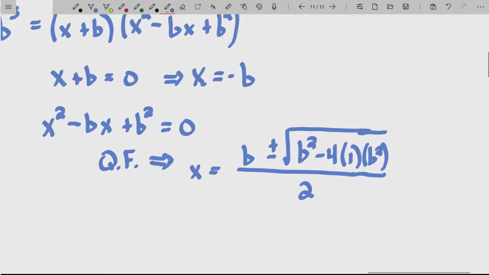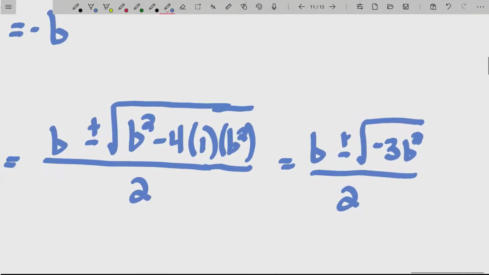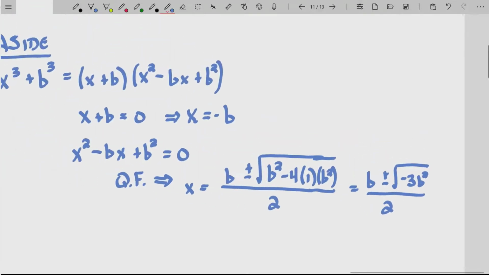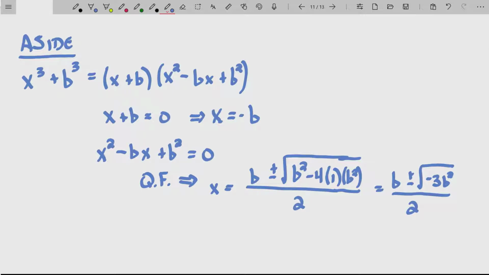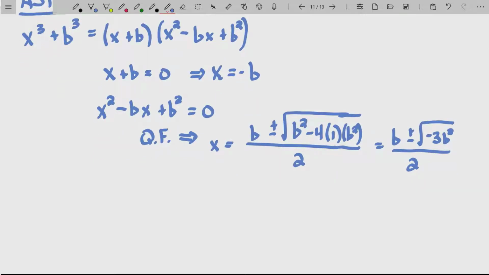And if you take a look at this, that would be b plus or minus the square root of negative 3b squared, over 2. That negative 3 is going to lead to an imaginary number. So no matter what, that trinomial will always factor into imaginary factors.